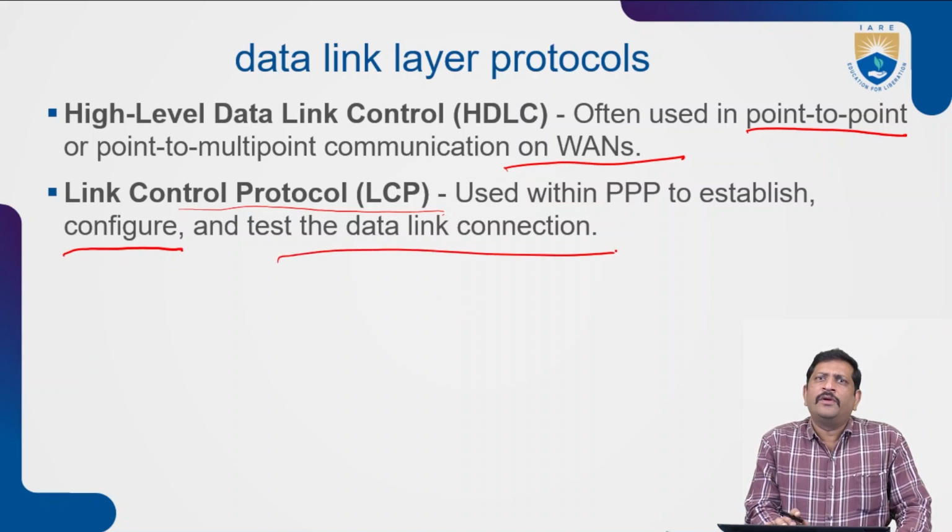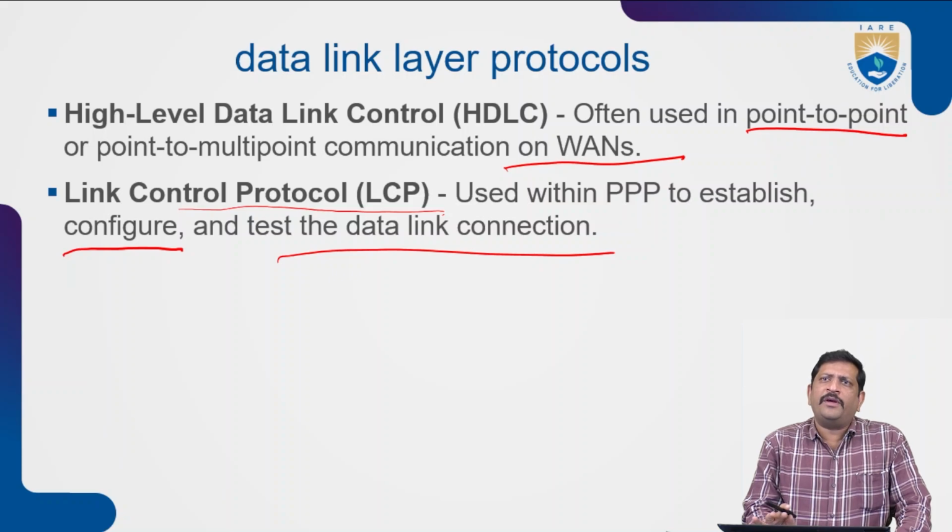That means linking can be point to point, node to node communication. If you want to transfer data from one node to another node, first you have to establish the link between the two nodes. After establishing the link between the two nodes, then data transfer can be done.